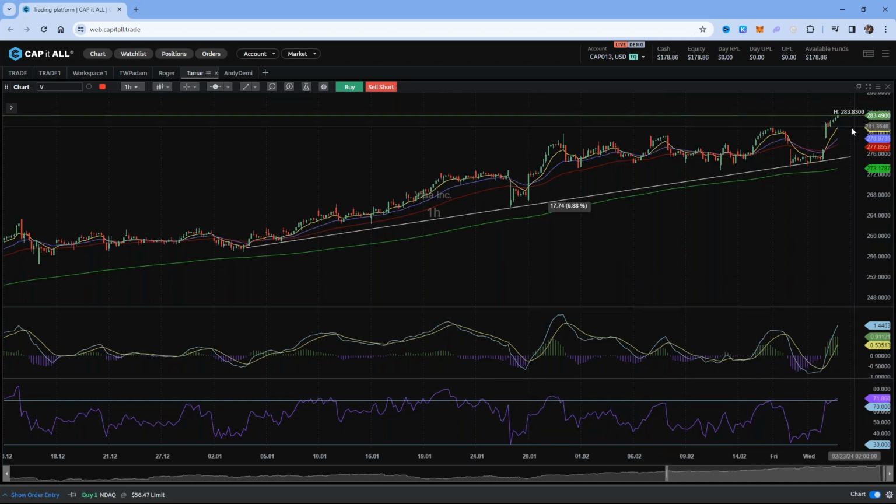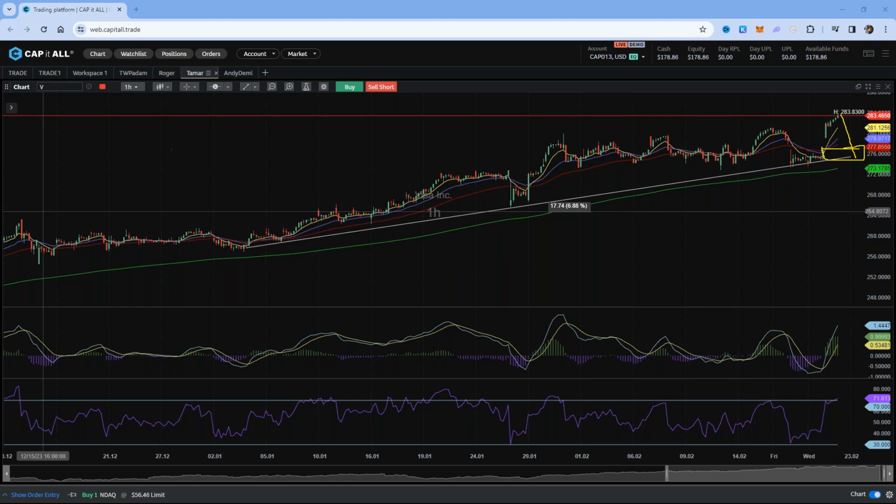So I do think we are due a correction, a pullback either back to the support line or back towards the gap fill. Somewhere between 275 and 277 looks to me like a good value area for Visa.